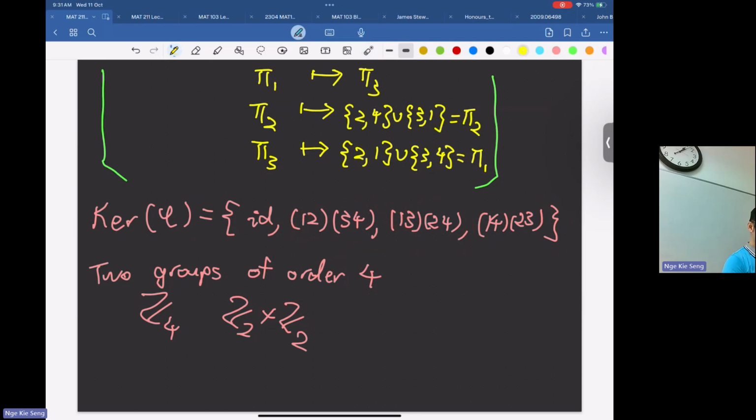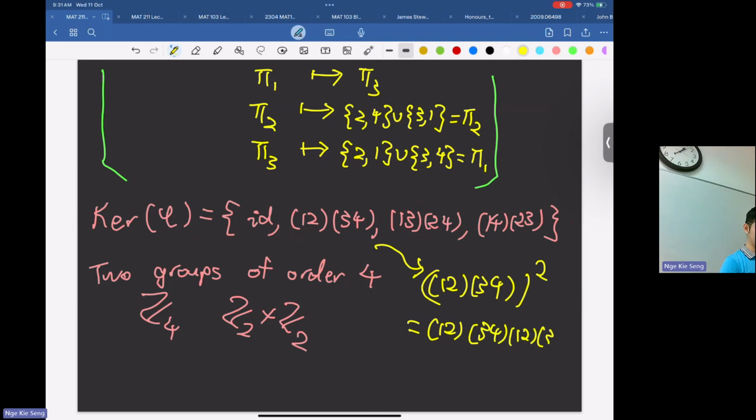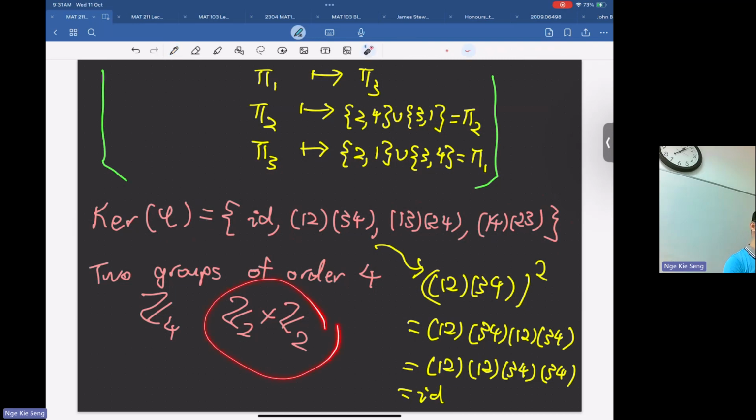For example, if you do (1 2 3 4) and then square it, what do you get? You get identity, because disjoint cycles commute, and then they cancel out. So in particular, this is actually Z4 cross Z2 cross Z2.